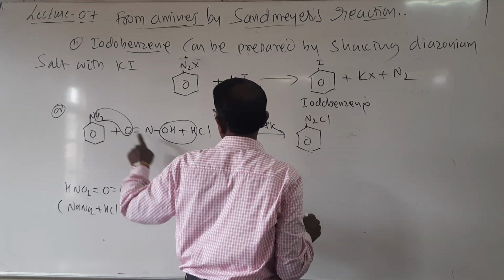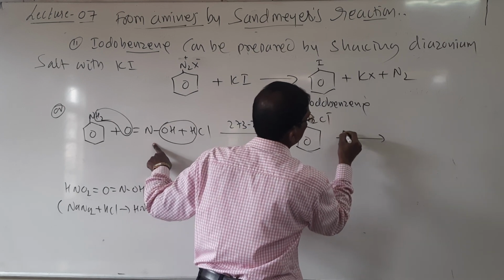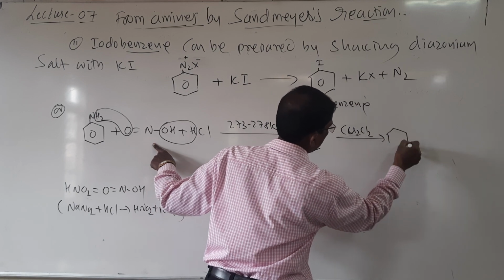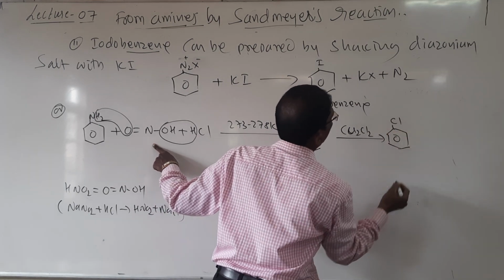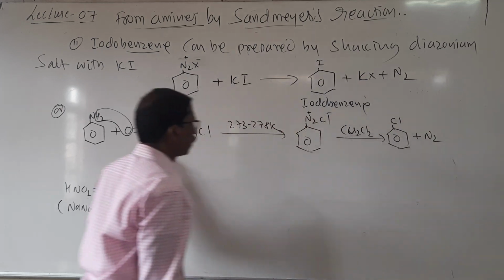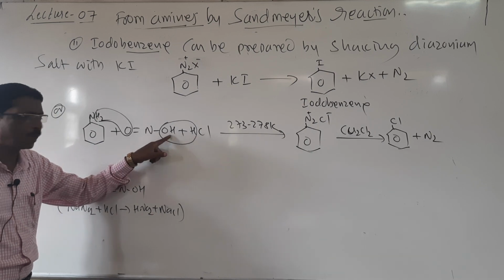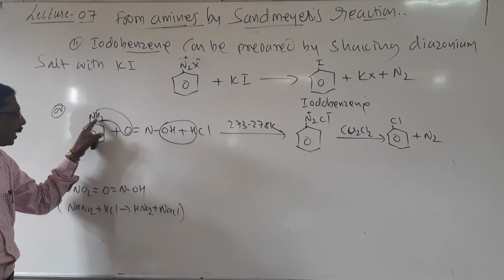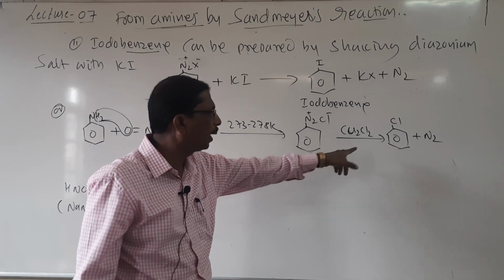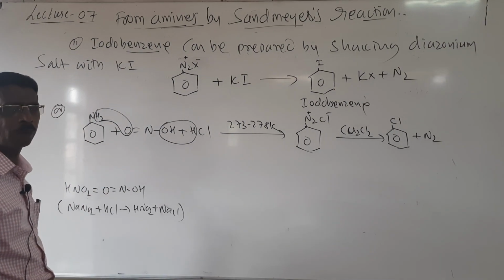It is treated with cuprous chloride, Cu2Cl2, and you will get chlorobenzene plus nitrogen. Here the hydrogen and OH are removed, leaving N double bond N and Cl, which is called benzene diazonium chloride, and when it is heated with cuprous halide, it forms chlorobenzene.